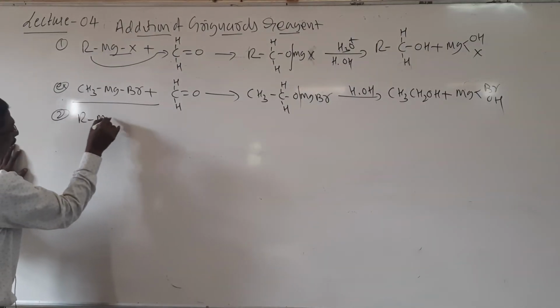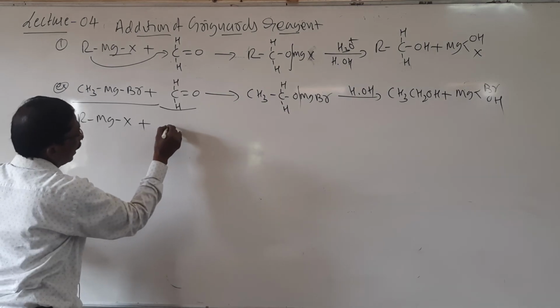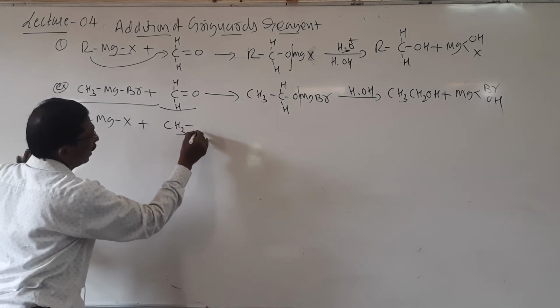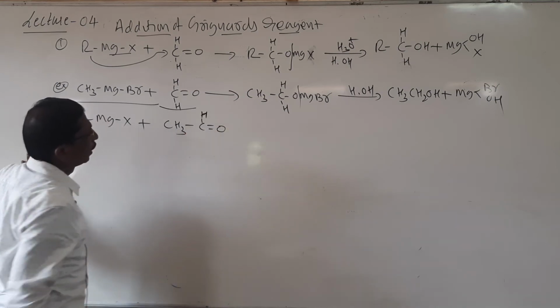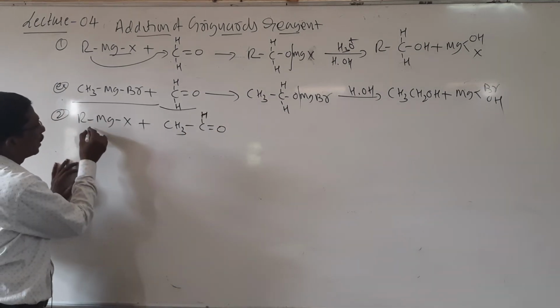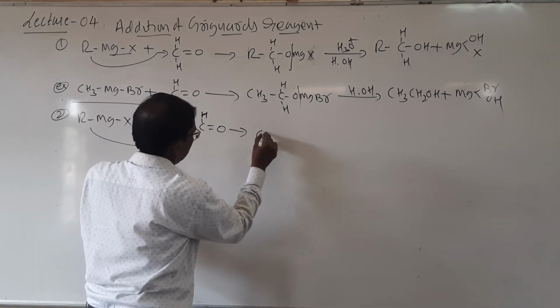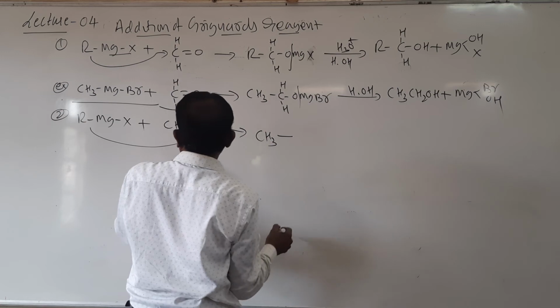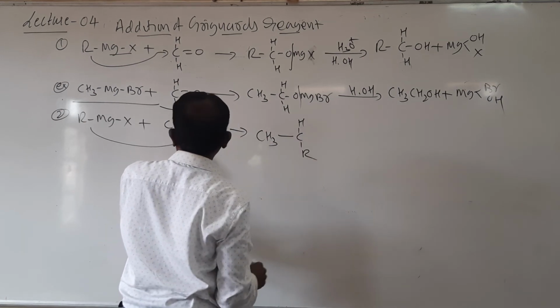And the second one, when the same Grignard's reagent is treated with acetaldehyde, I will write acetaldehyde like this, C double bond O H here. Look here. And then this R attacks here and MgO, further it forms CH3 CH R, OMgX.